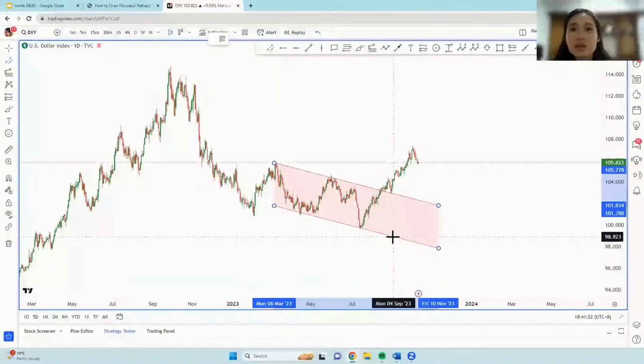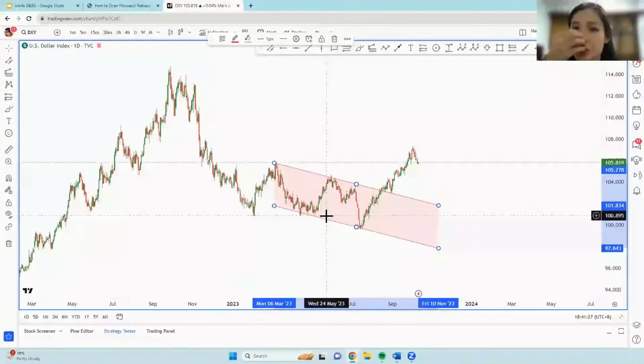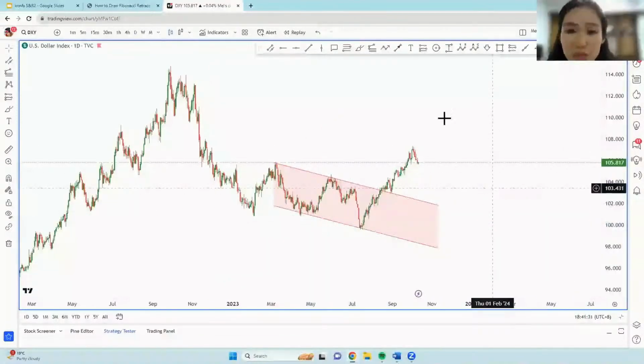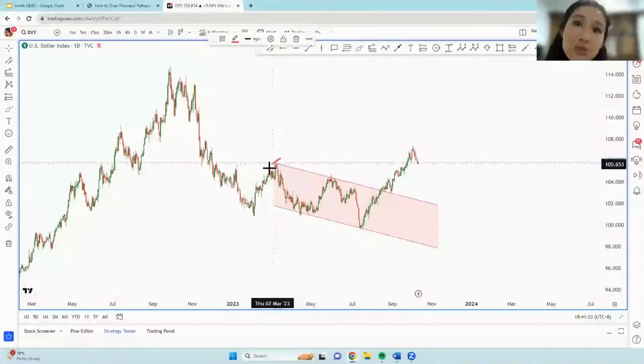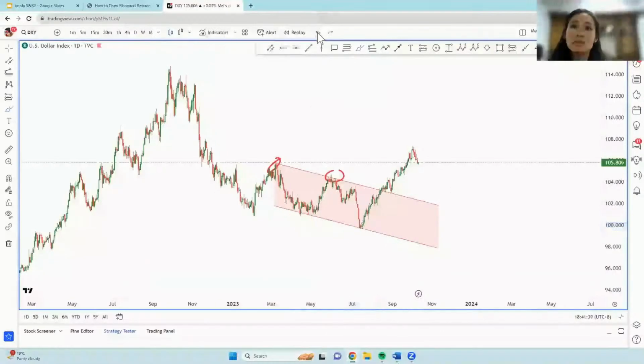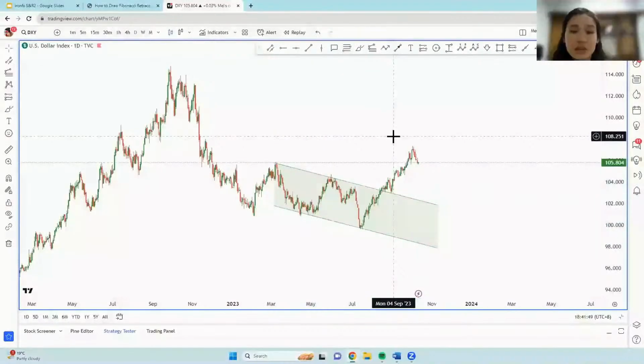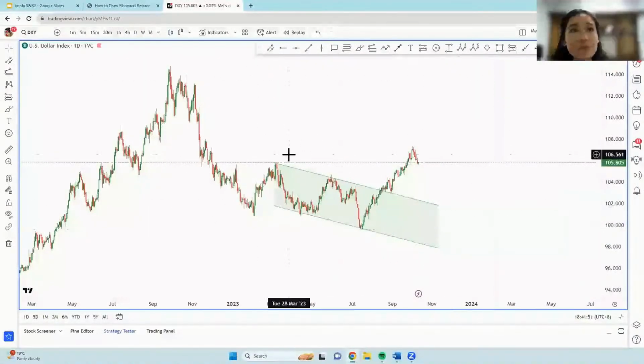Earlier we talked about trend channels and the breakouts of trend channels. This could be a possible breakout of a trend channel because we have two swing highs at the top as well as two swing lows. So this actually could be an example of a breakout as well.